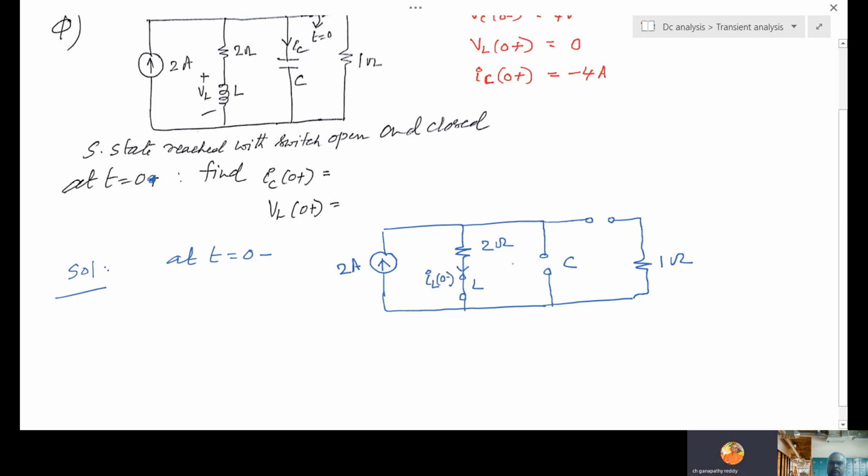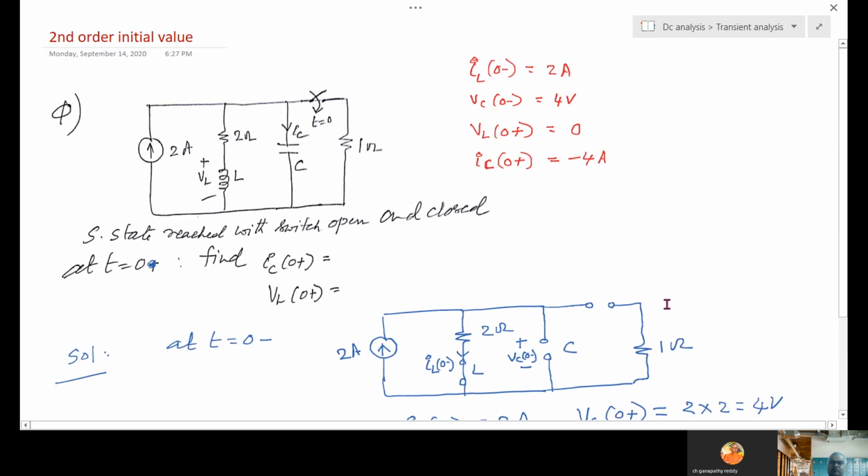IL0 minus. What is the voltage we call it as? VC0 minus. So this is open, this is open. This 2 ampere will flow here only. Therefore, IL0 minus equal to 2 amps. VC0 minus: started positive, go to negative, 2 into 2, 4 volts. So IL0 minus 2 amps, VC0 minus 4.